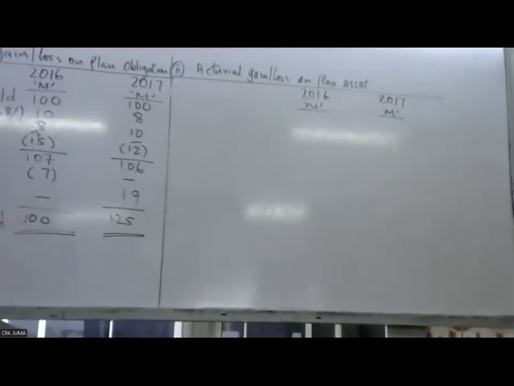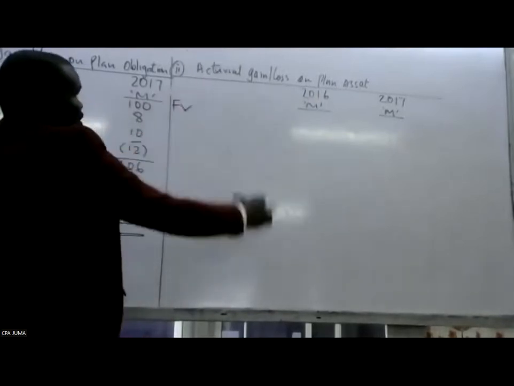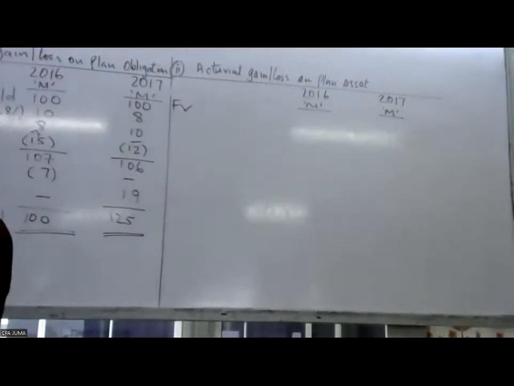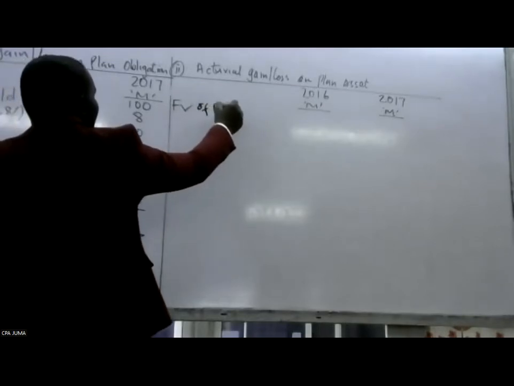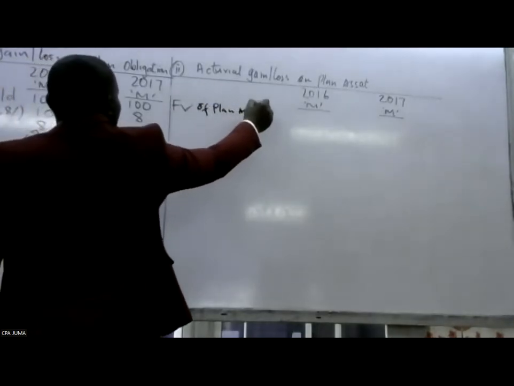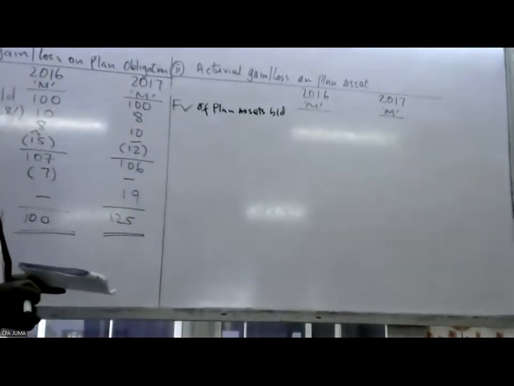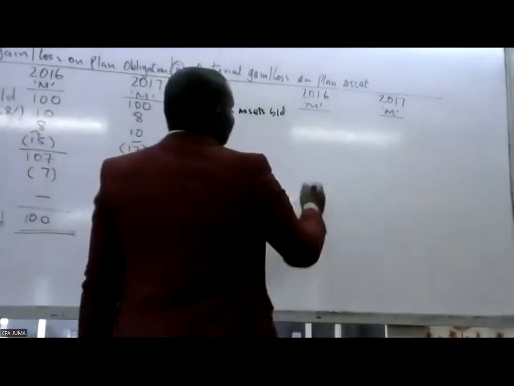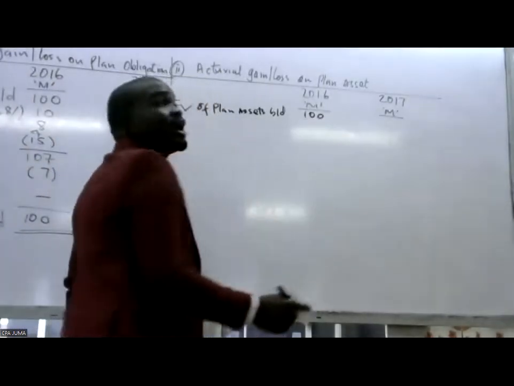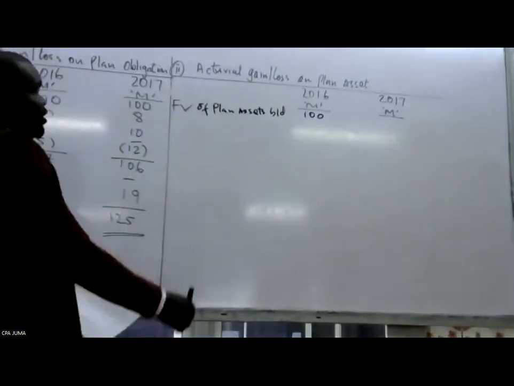So present fair value, plan assets, we talk of fair value. Fair value of plan assets brought down was how much? Both plan assets and obligation were 100 in note 1.